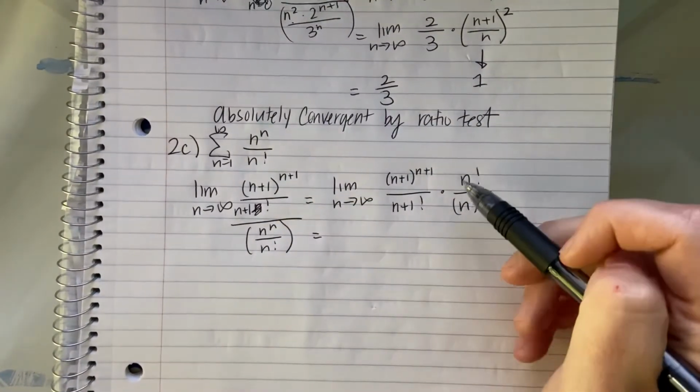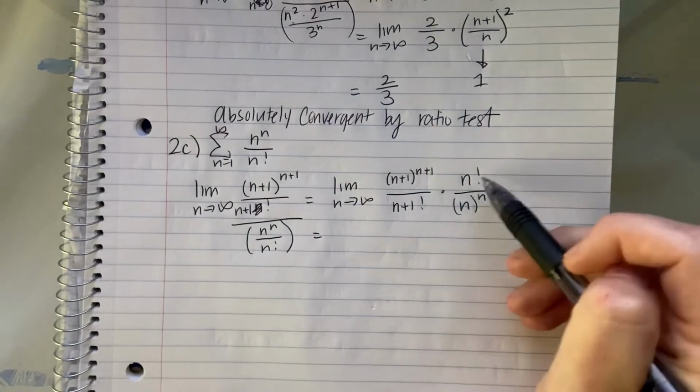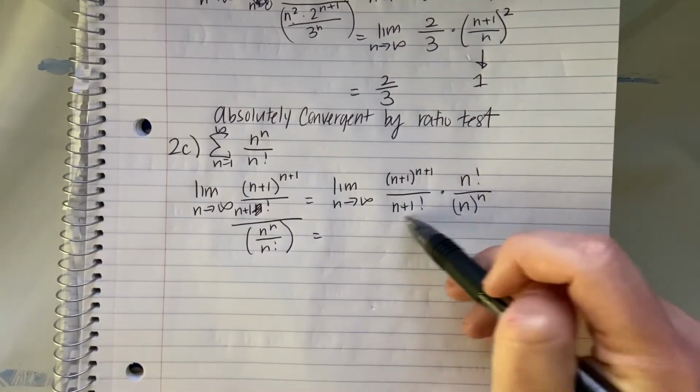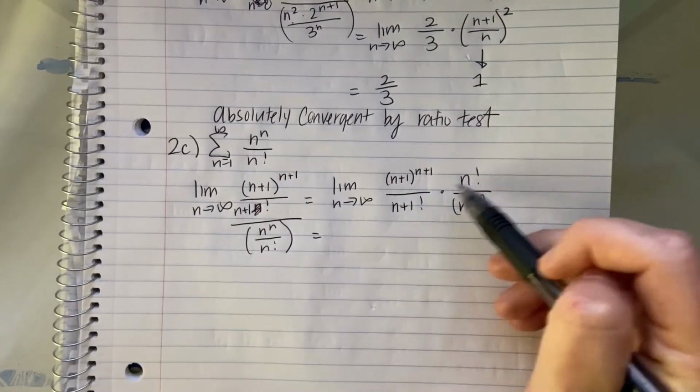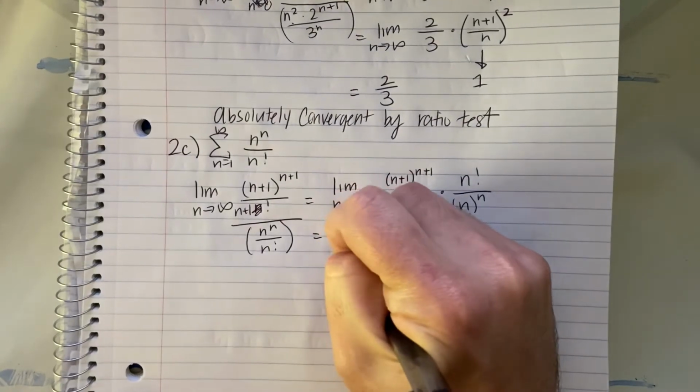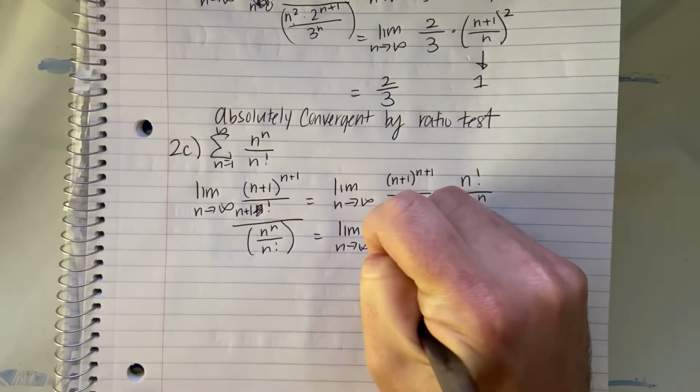Now, we talked about the factorial in the last video. n factorial divided by n plus 1 factorial: you can pull the n plus 1 out, and then the n factorial that remains will cancel. So we know that that part is 1 over n plus 1.